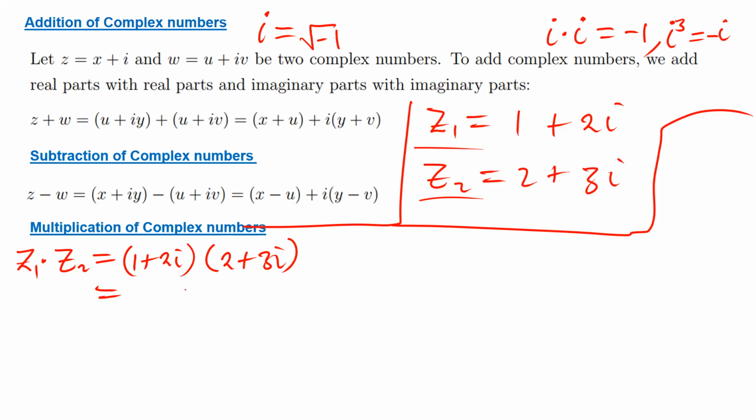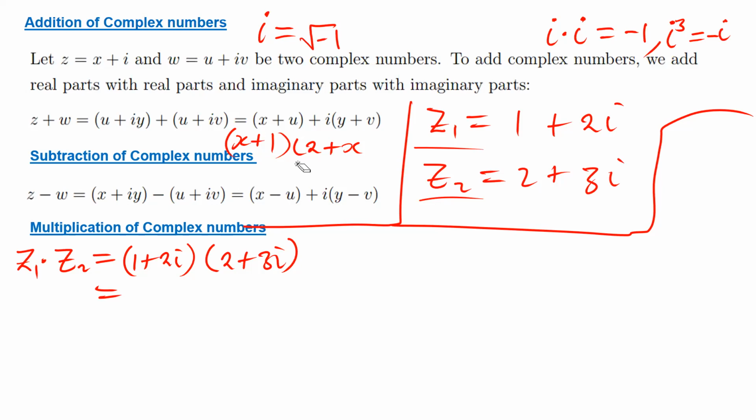You do the normal multiplication, the same way we multiply two functions. For instance, if you have x plus y there, then you're multiplying it to maybe 2 plus x.